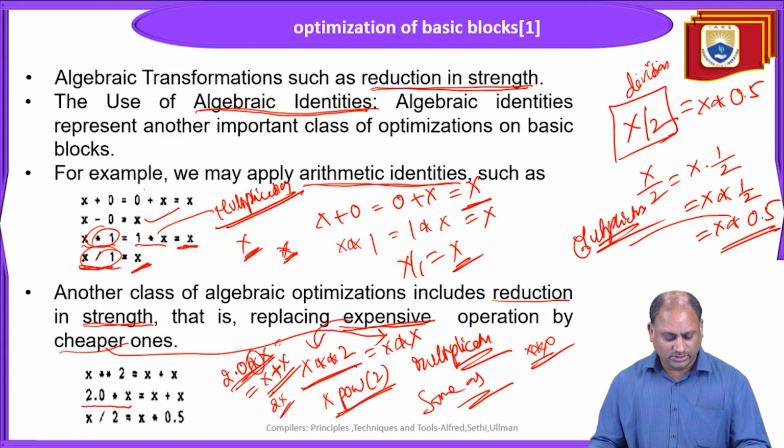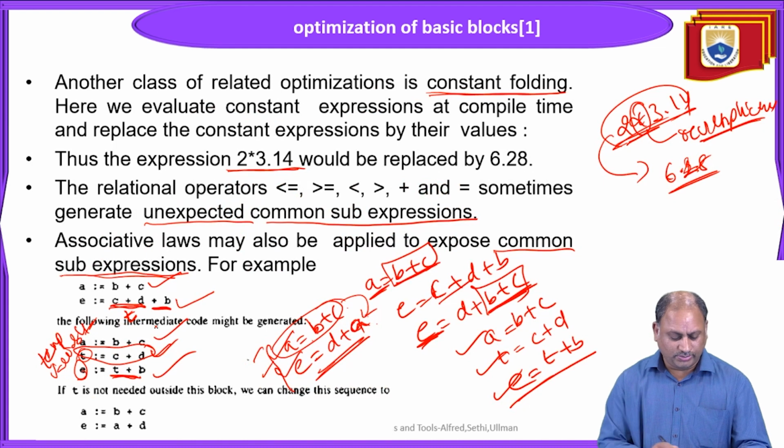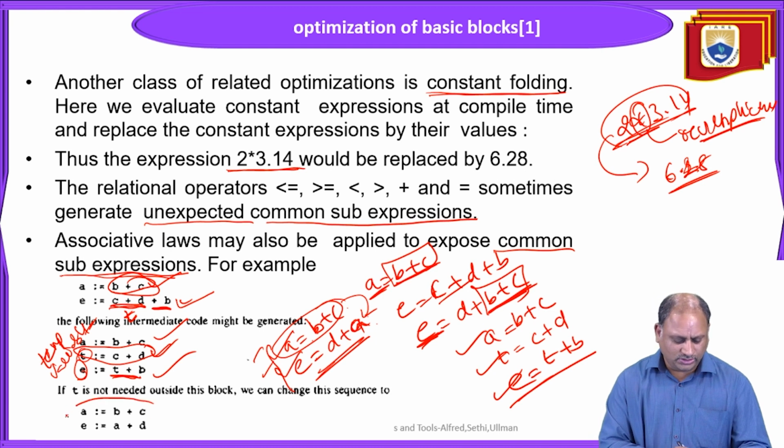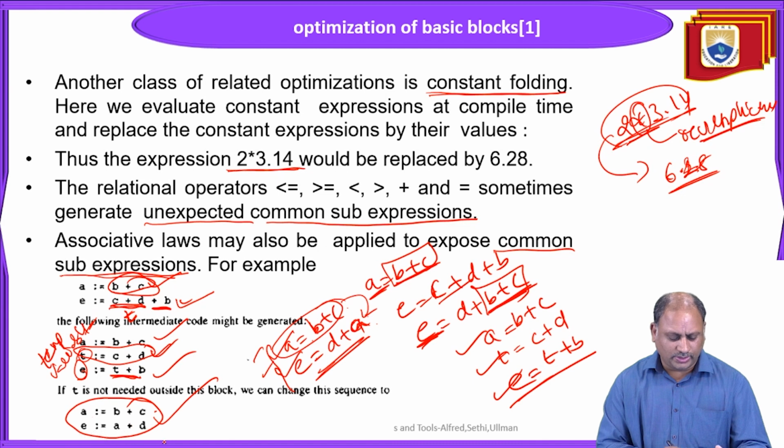In this example, a equal to b plus c, and b plus c is executed once again in the second instruction also, but that computation is not really required. That is why we replace it with a two-step instruction: a equal to b plus c, and then the next statement uses a plus d.